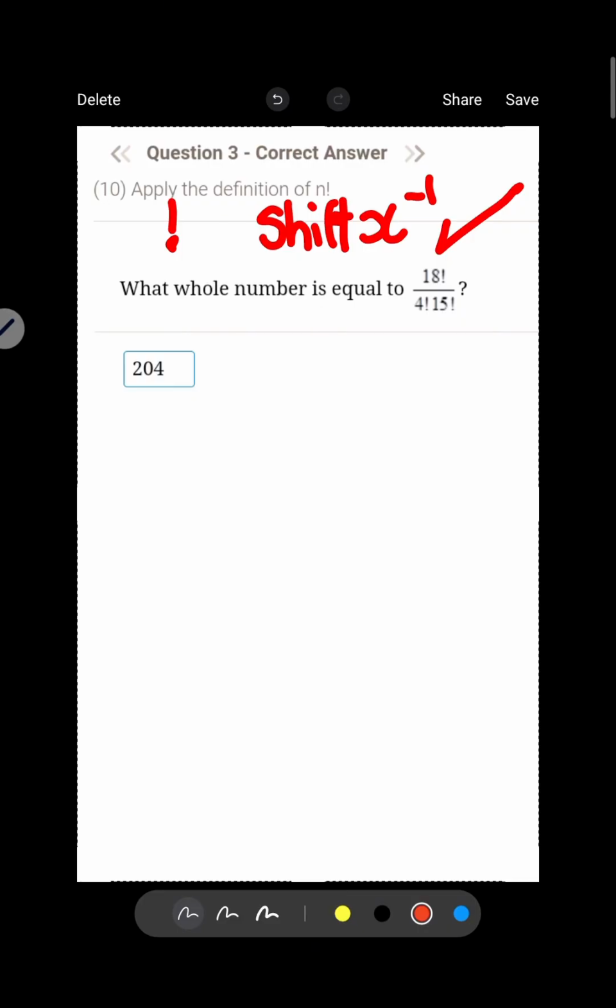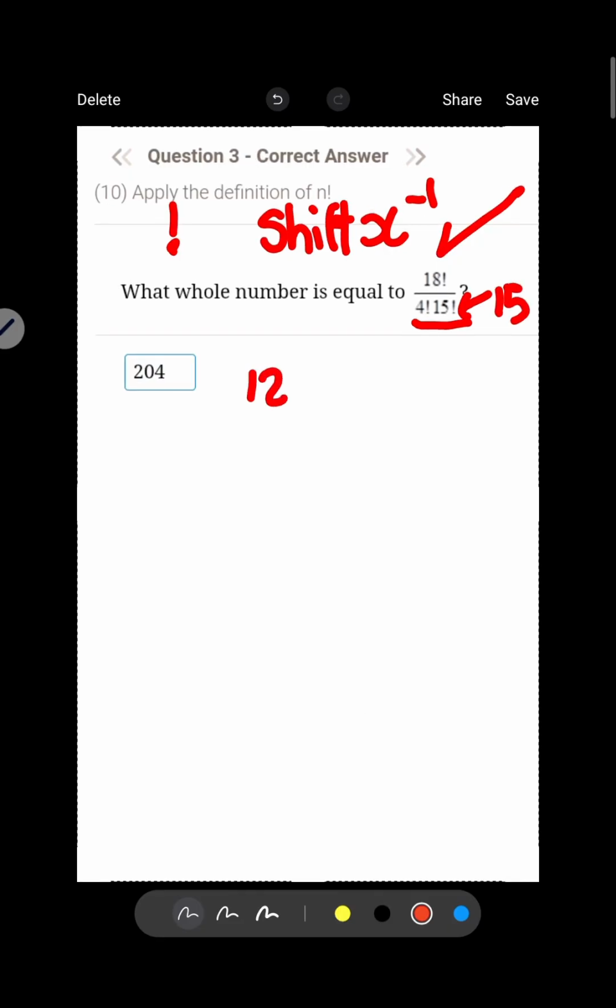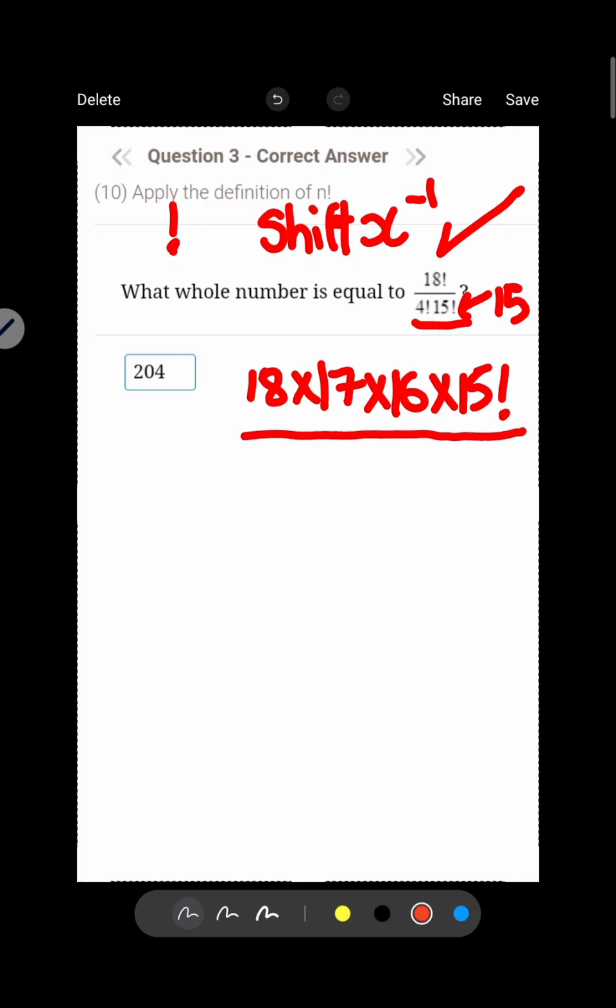Okay, so you go down. You have to get the bigger number. Here the bigger number is 15. Okay, so 18 factorial, you have to break it down till you get 15. So 18 times 17 times 16 times 15 factorial, don't forget factorial, over 4 factorial and 15 factorial.